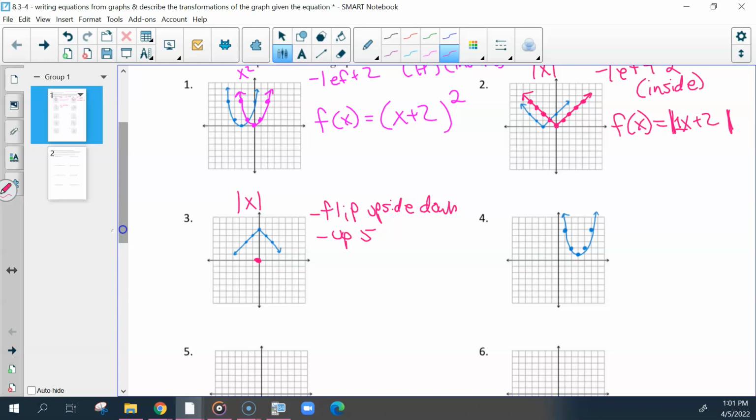So if that's vertical, is that inside or is that outside? Outside. Up 5, is that inside or outside? Is it vertical or horizontal? Outside. It's outside because it's vertical.